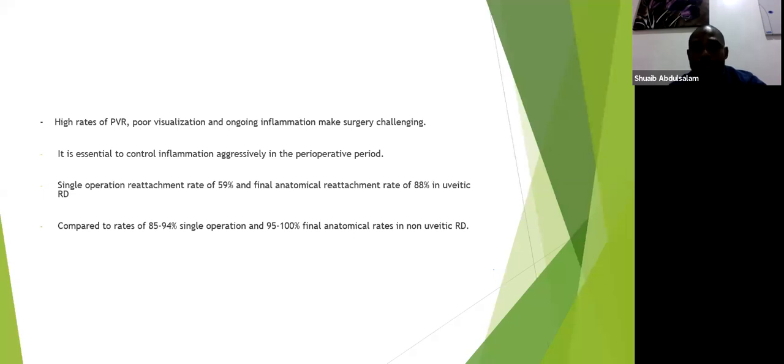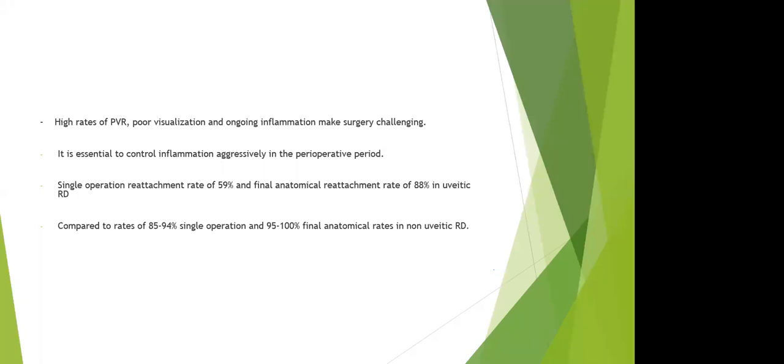And usually patients with uveitis don't do so well. The single operation reattachment rate is about 59%, and the final anatomic reattachment rate about 88% in uveitic patients, compared to about 85 to 94% single operation success rate in non-uveitic patients, and 95 to 100% final anatomic rates in non-uveitic patients.